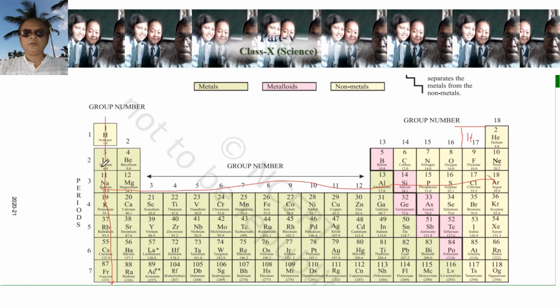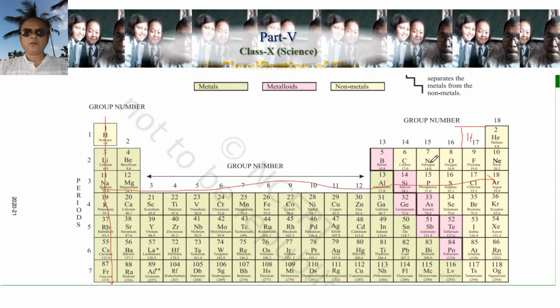Let us consider lithium. Lithium has 1 electron in the outermost orbit. Beryllium has 2, and boron will have 3 electrons. Carbon will have 4, nitrogen will have 5, oxygen will have 6, and fluorine will have 7.